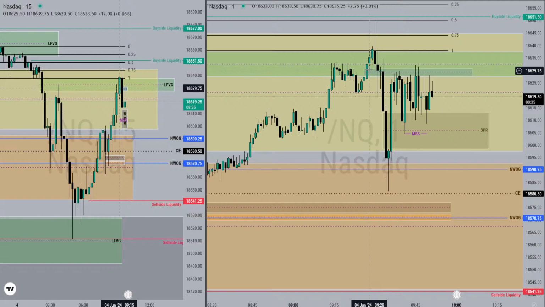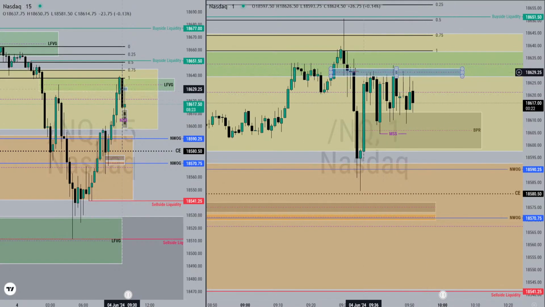This is the only fair value gap that has been created around that area. There is no other fair value gap over there. So this fair value gap should play a great role here. Until now it is playing a great role, but let's see how far it can hold the price. If the answer is clear, let me know. If it is not, let me know as well.